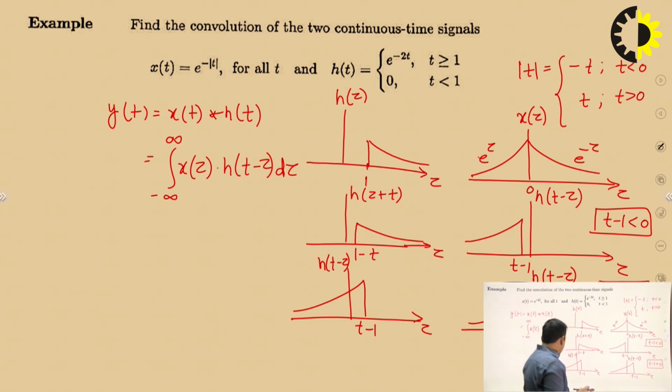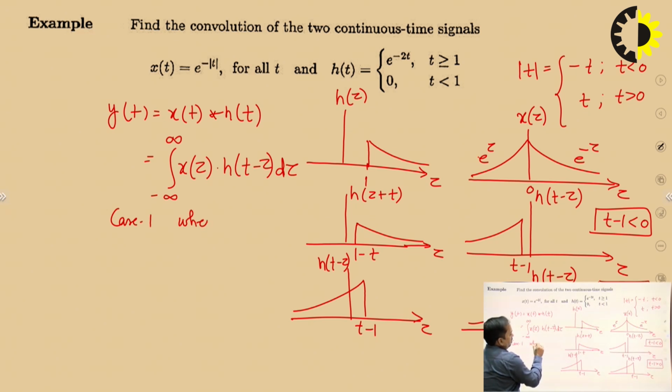So here we can pen down case 1, when t minus 1 is less than 0, and the output y of t can be solved as follows.